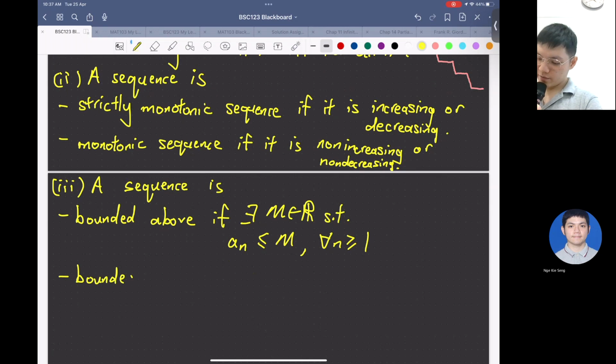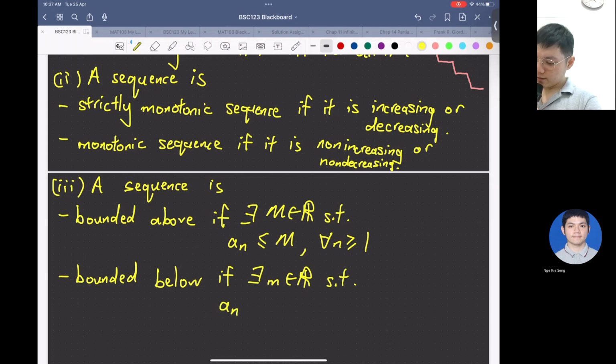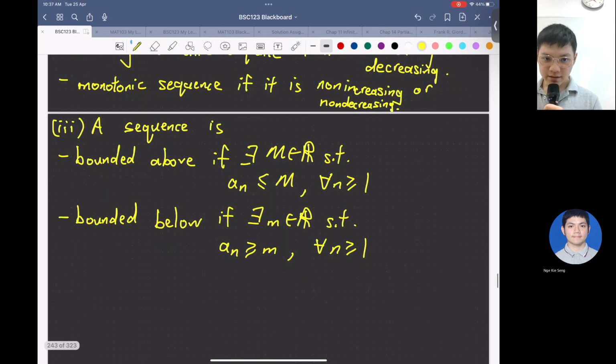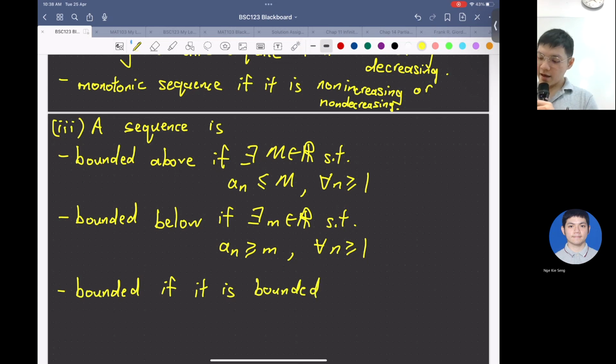Similarly, you can bound below: a sequence is bounded below if there exists another number, little m, such that every term in the sequence is greater than or equal to little m for all n. And we say that a sequence is bounded if it is bounded above and below.